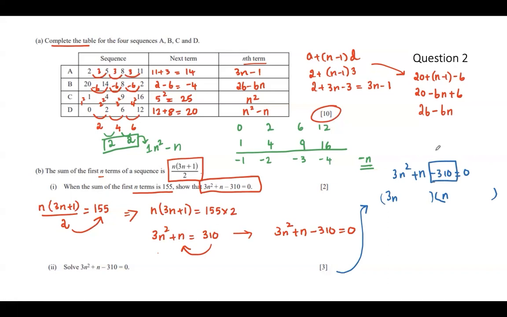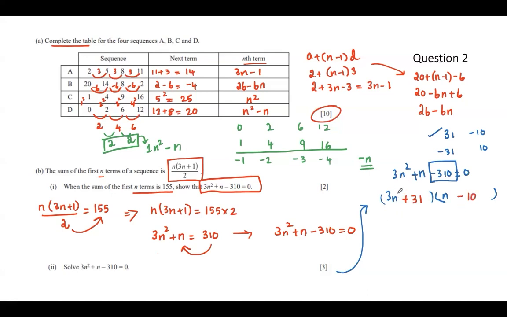Now, what are the possible values that can get us 310? We can have 31 and negative 10, or we can have negative 31 and 10. Let me try it with this first. Let me try 3n plus 31 and n minus 10.